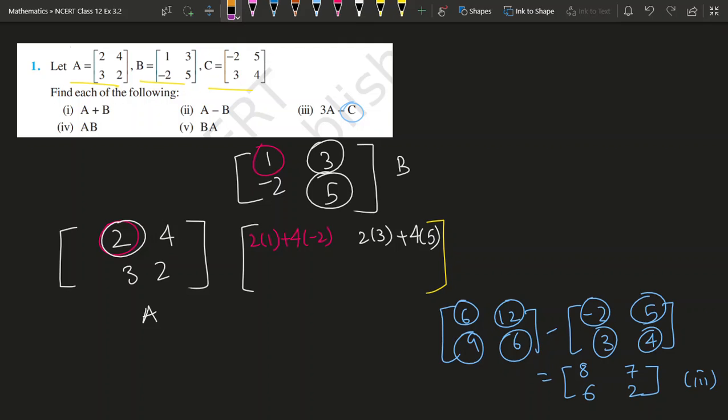Similarly, you do the same operation for all of the other two entries. So these combine to give you 3 times 1 plus 2 times minus 2, and for the last entry you have 3 times 3 plus 2 times 5.